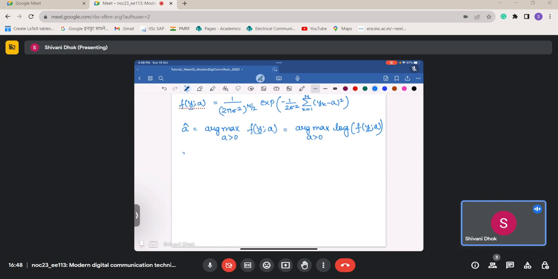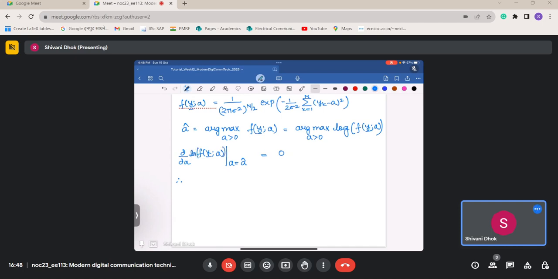Again we'll do this: differentiate this likelihood function, and at a equal to a hat we'll set it to 0. So we'll differentiate the log of this.